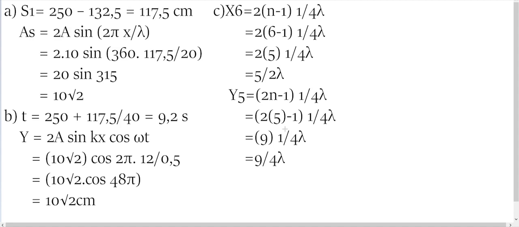And we already know the 2a sin kx is the As, which is 10 times root 2. We put in the 10 times root 2, and we also get the omega, which is 2 pi f, and the time itself is 9.2 seconds, or we can just put it like 12 and a half.